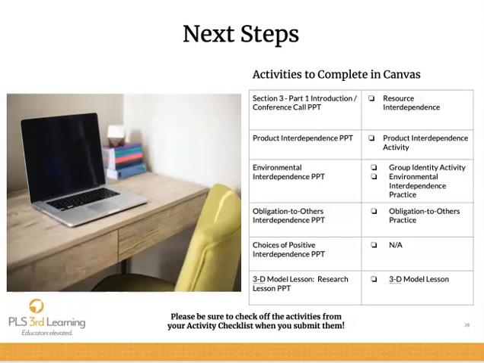Your third video integrates the PALS acronym, so you work effectively in the obligation to others section. Your fourth video highlights the choices of positive interdependence. Finally, we will be introduced to a 3D model lesson focusing on the research behind cooperative learning.